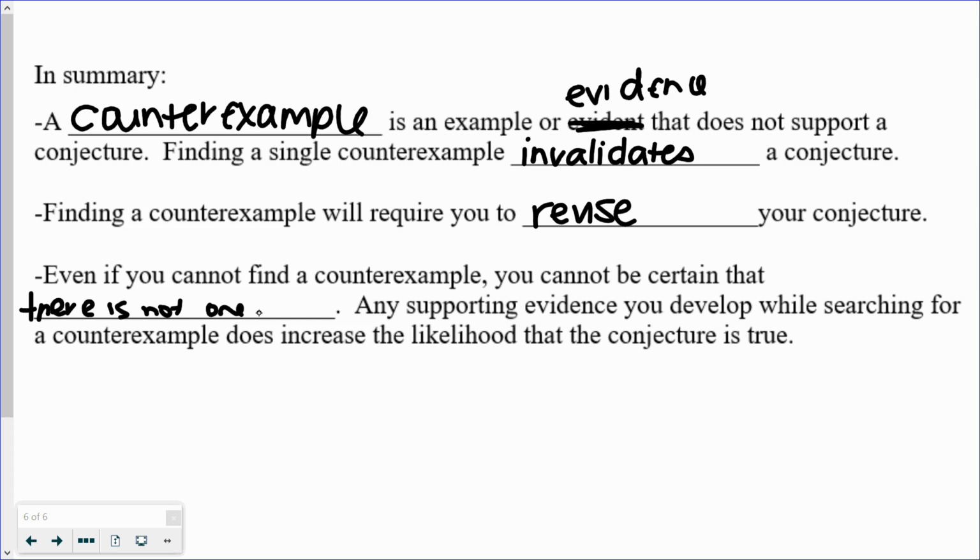You're just adding up the two previous numbers to determine your next Fibonacci number. So it would be essentially impossible to check all of the different possibilities for that last conjecture. So you can't be sure that there is not one. Any supporting evidence you develop while searching for a counterexample does increase the likelihood that the conjecture is true, but it doesn't show that it's true indefinitely.